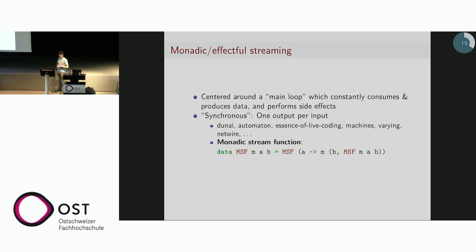And the essential idea here is that you have a monadic stream function that is parameterized by three types. You have a monad that does the effects. It could be I/O, then this thing can do I/O all the time. It could be identity, then this doesn't have any effects at all, and it just computes. This is the input, this is the output.